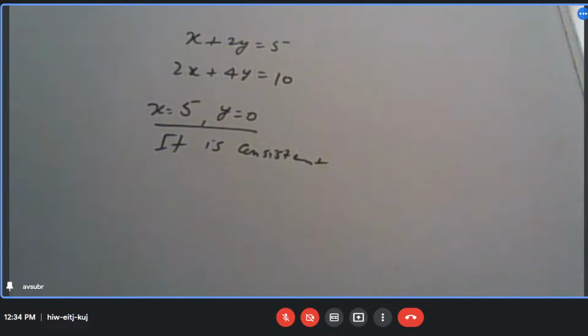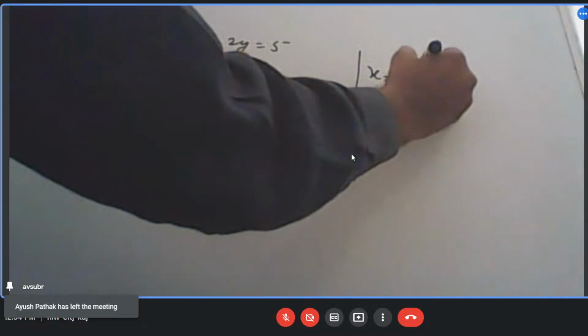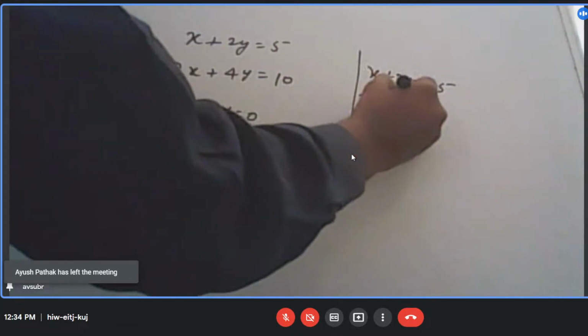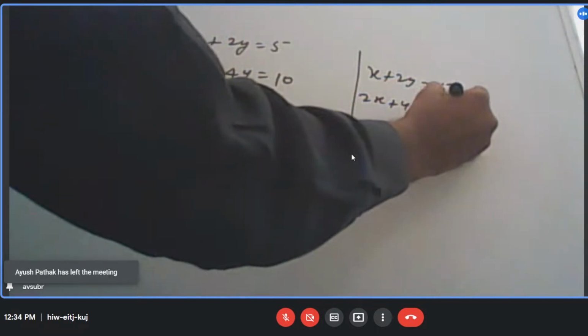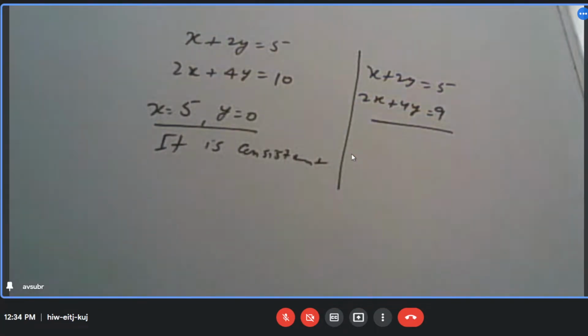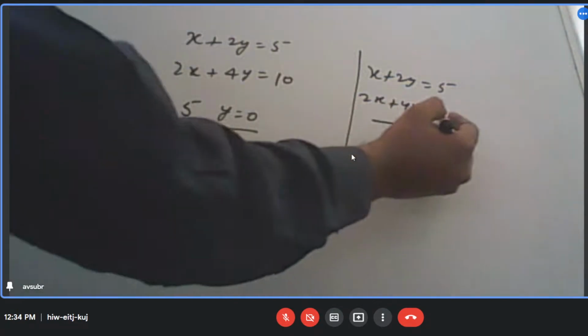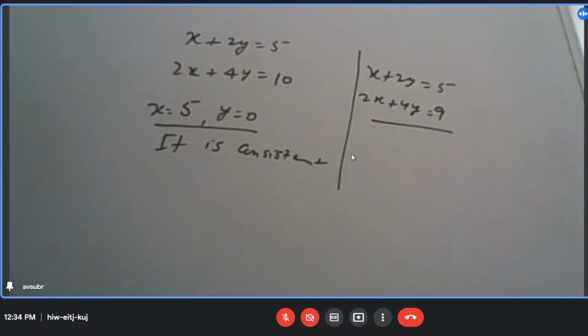But look at this particular problem, x plus 2y is equal to 5 and 2x plus 4y is equal to 9. Does this system have any solution? It does not contain any solution. Because if it were to have consistency, it should have been 10.